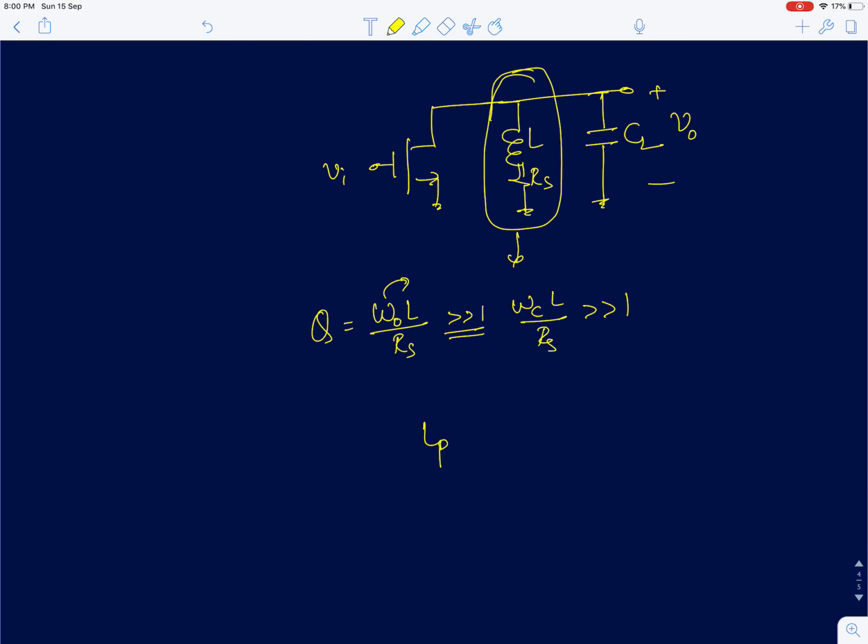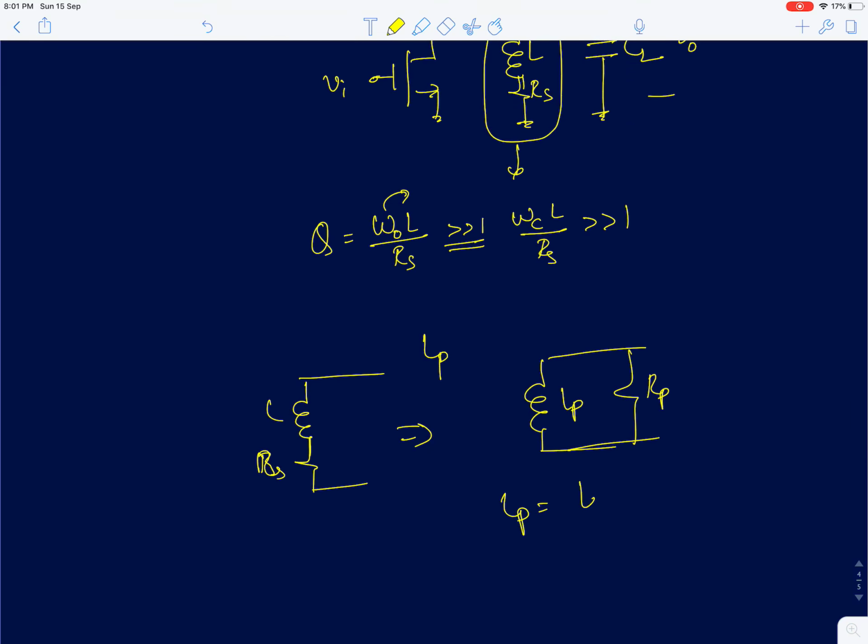We discussed that a series inductor with a resistance in series can be approximated by a parallel inductor and resistor, Rp and Lp. And we said Lp was Ls into 1 plus 1 by Q square, and Rp is Rs into 1 plus Q square.